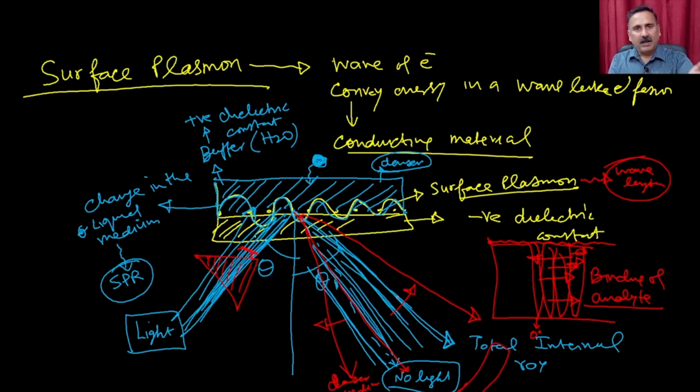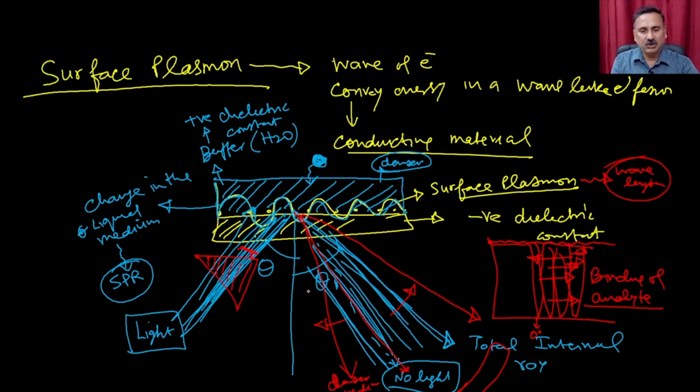And at a particular angle, the wavelength of this light is going to match the wavelength of the surface plasmons, right? And that's how it is going to show you a complete absorption.